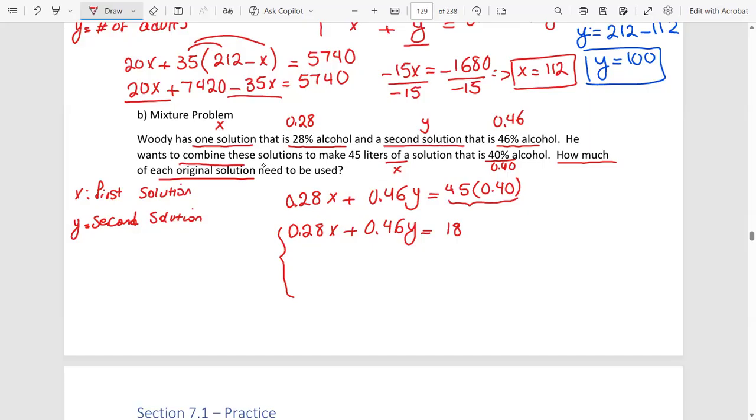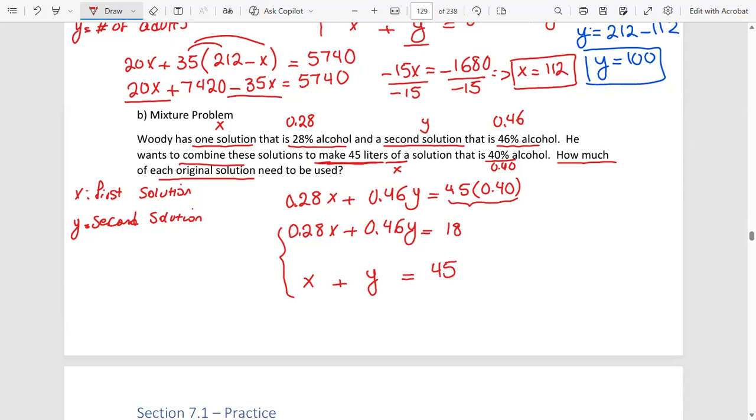When he says he wants to combine these solutions to make 45 liters of combination, and we want to find how much of each solution we need, we can write another equation based on how many liters of each solution we have. So we have x liters of the first solution added to y liters of the second solution, and together they must be 45 liters.